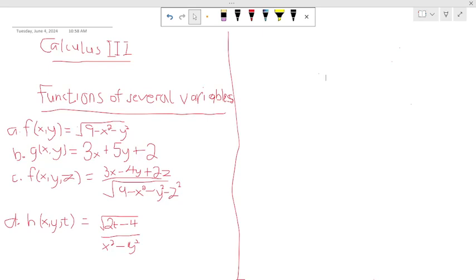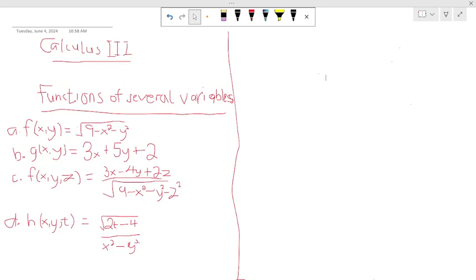In order for us to find the domain, we always need to keep in mind that the domain is basically the set of values of x and y that is going to make this function defined. I repeat, the set of values of x and y that's going to make this function defined. So let's consider the function that we have, a radical, square root of 9 minus x squared minus y squared.